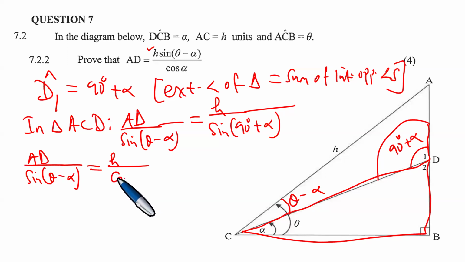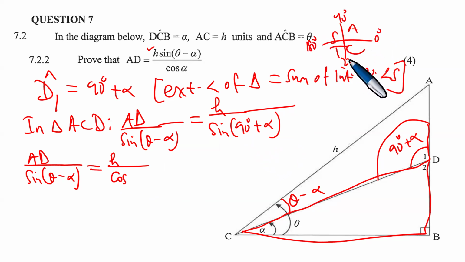This is exactly H divided by, now if you say 90 degrees plus alpha, that is in the second quadrant in view of the CAST diagram. So if this is 0, 90 degrees, 180 degrees, 270 degrees, 360 degrees, then 90 degrees plus alpha is an angle in the second quadrant in which the sine is positive, but it changes to its co-function.